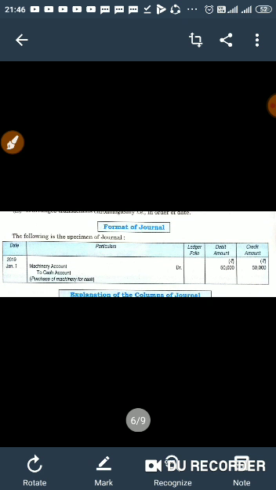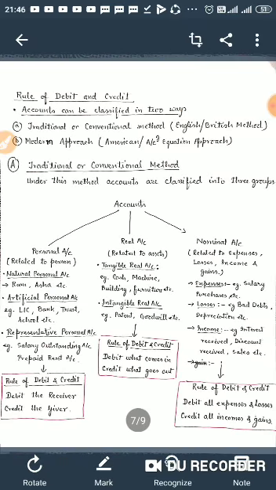So how will you journalize the transaction? First of all, you must know about the debit and credit rules. So the next topic is the rule of debit and credit. How could you decide which account is to be debited and which account is to be credited?